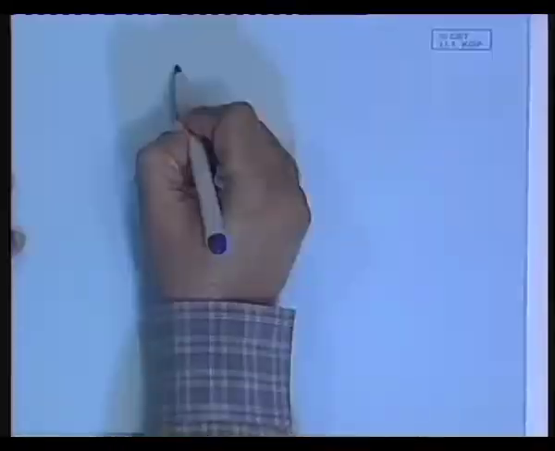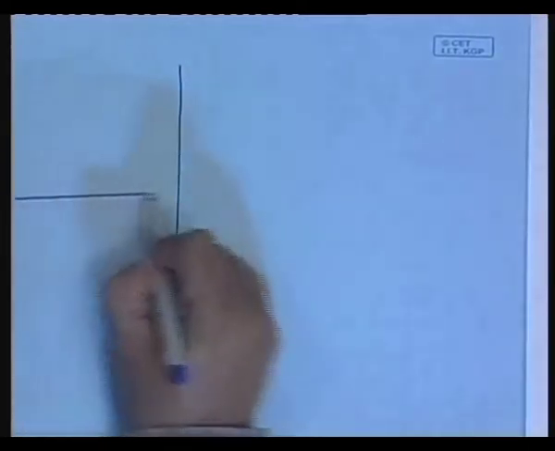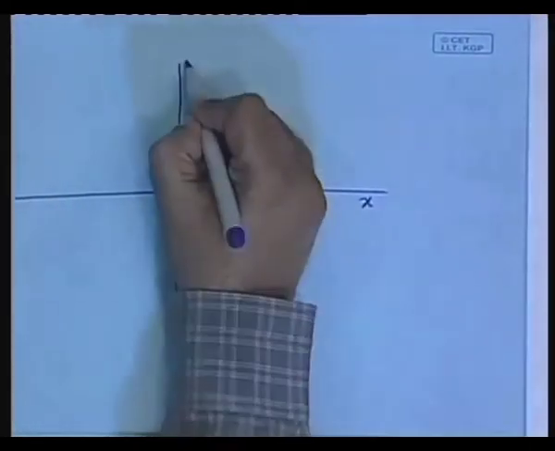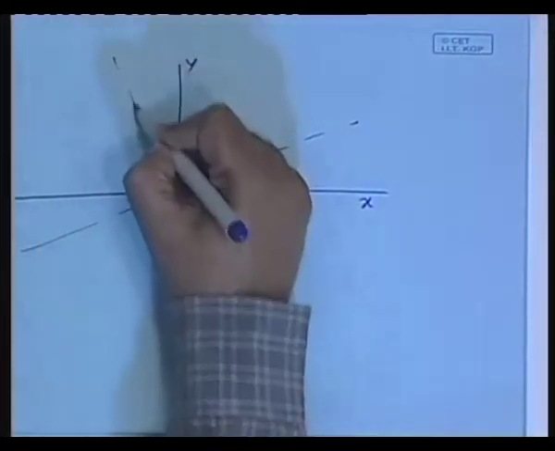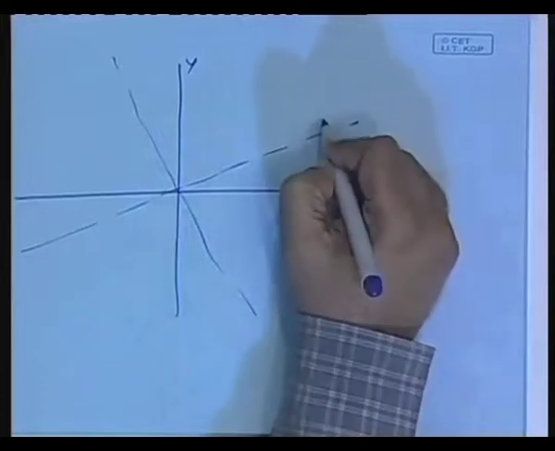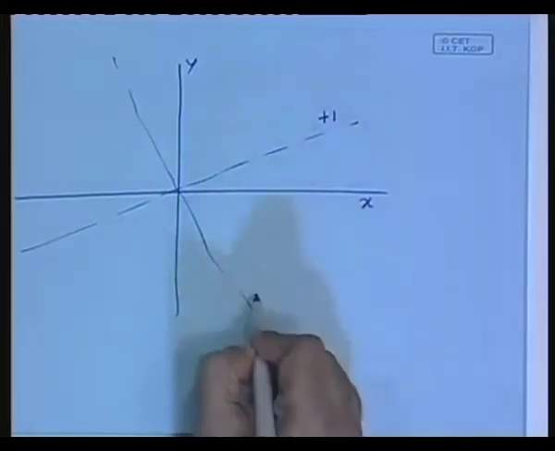If the eigenvalues are one positive, another negative, wait, in that case let us draw. You have this state space picture, x, y, and suppose this is one direction and this is another direction, and here I have the eigenvalue plus 1 and here it is minus 2.